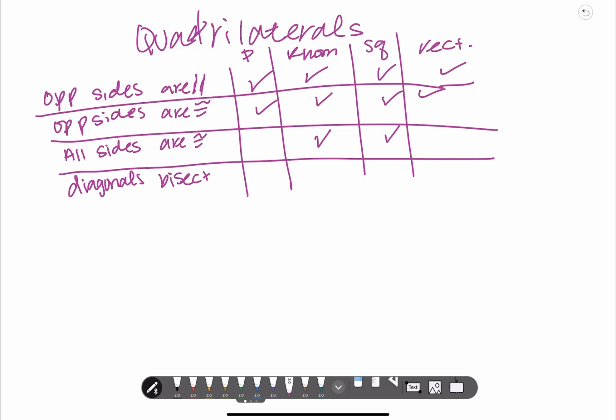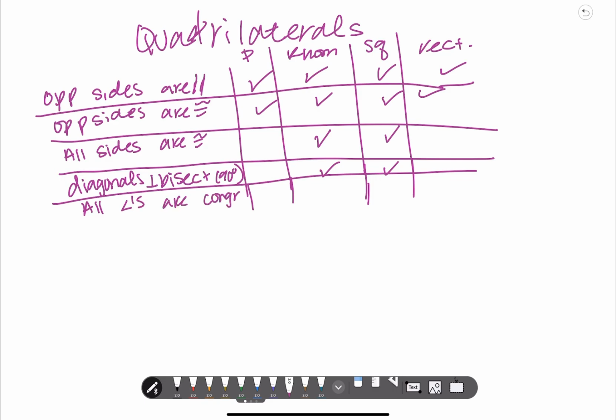And if they are perpendicularly bisecting each other, so a 90-degree split, that means it's going to be a rhombus or a square, because all diagonals bisect each other in parallelograms. If you're still stuck between the rhombus or the square, then you can check if all of your angles are congruent, meaning they're all 90 degrees. And you know that's only going to happen in my square or my rectangle.